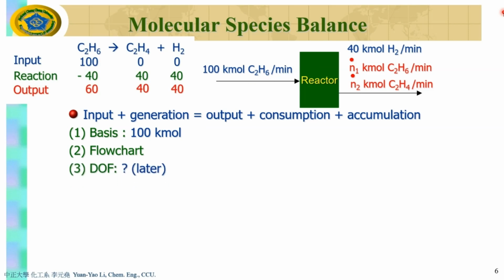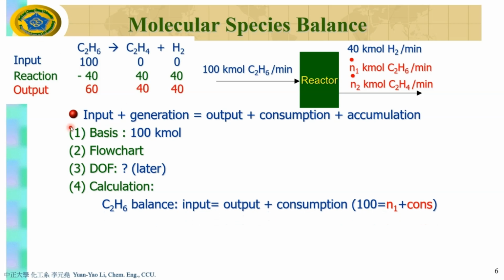Next will be the DOF, degree of freedom analysis. We are going to introduce this later, but let's find out how to do the calculation first. According to this equation, the C2H6 balance will be: input equals output plus consumption, because C2H6 is the reactant, so there's no generation.